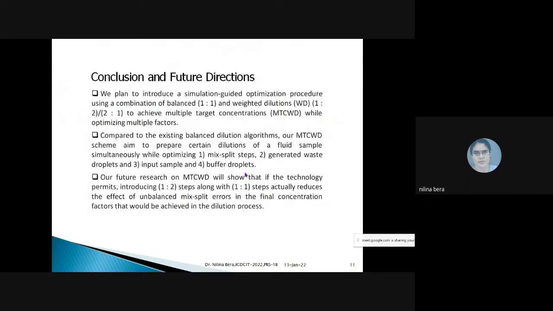Now, the conclusion and future direction: we plan to introduce a simulation-guided optimization procedure using a combination of balanced and weighted dilution to achieve multiple target concentrations, that is the future goal, MTCWD. Compared to the existing balanced dilution algorithm, the MTCWD scheme aims to prepare certain dilutions of a fluid sample simultaneously while optimizing mix-split, generated waste droplets, input sample, and buffer droplets.